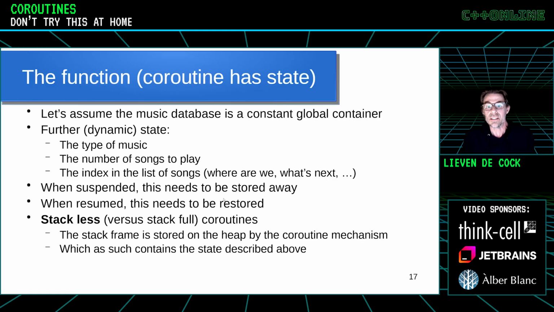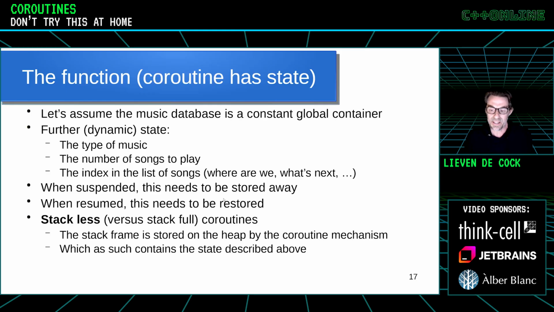This coroutine has state. It needs to know what kind of music we selected. It needs to know how many songs we have requested. And we have seen in this for loop, we had an index from 0 till the number of songs minus 1. It will need to know how far the index has already progressed in that for loop.